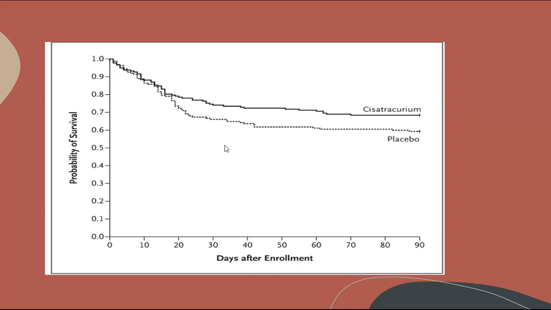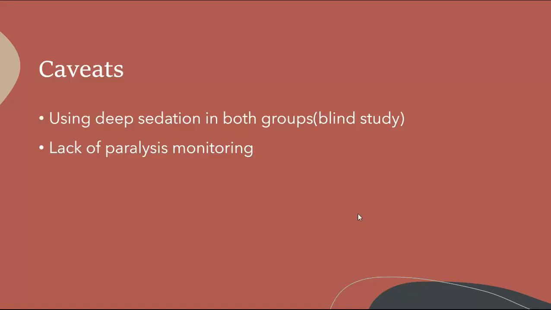This is the Kaplan-Meier diagram seen here, Nimbex mortality benefit compared to the placebo, at 90 days. So the debate about the study, as I mentioned, is that they used deep sedation in both groups, specifically for the control group, and the paralysis used in the study was not monitored.